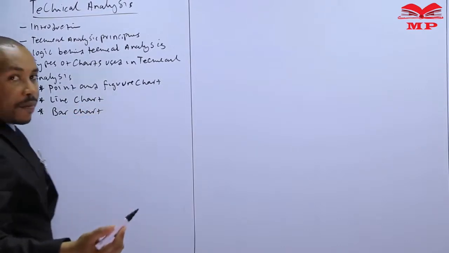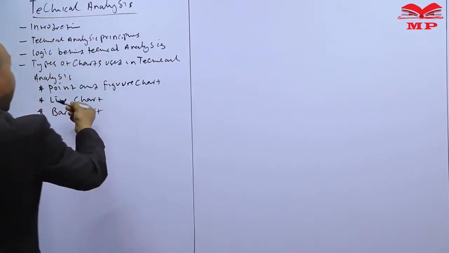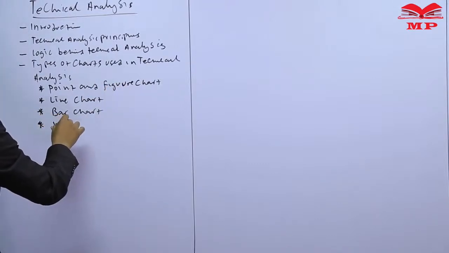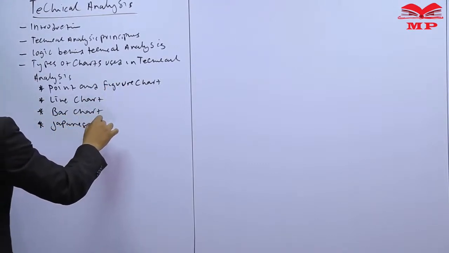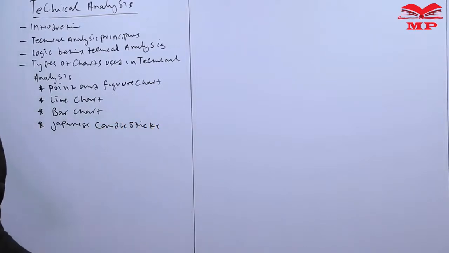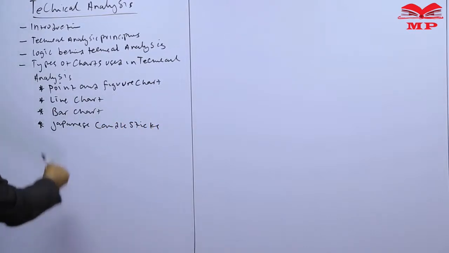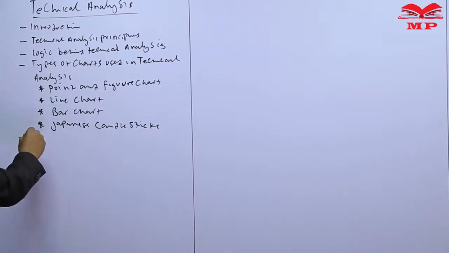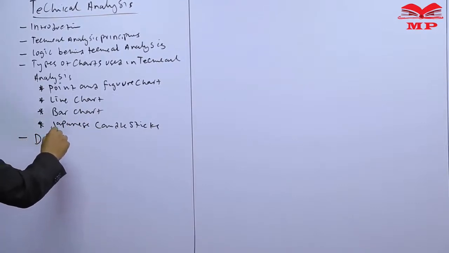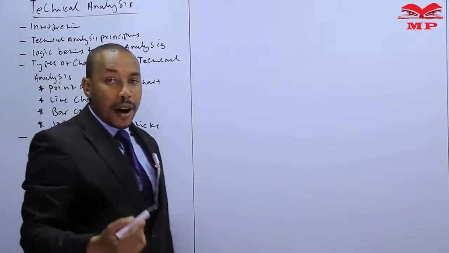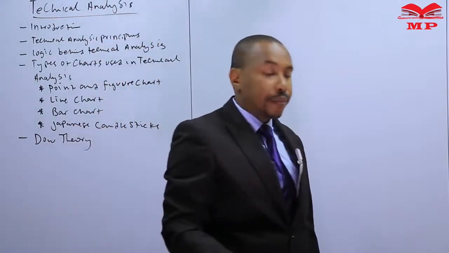And then we will finalize by looking at the Japanese candlesticks. Then once we've looked at these types of charts, we'll look at the Dow theory. Then we will conclude this first lecture under technical analysis.